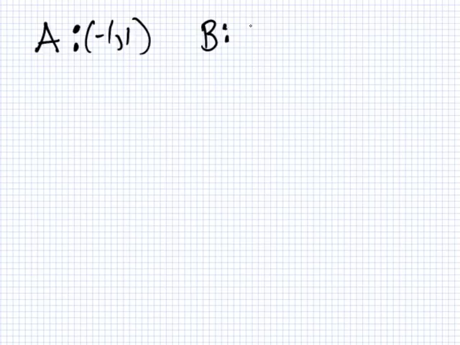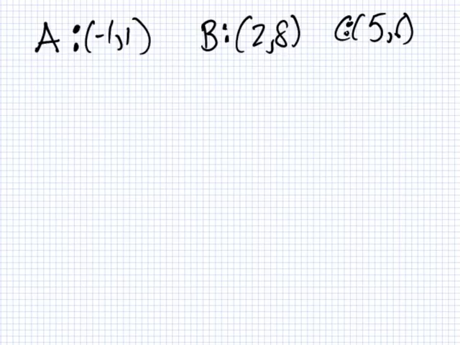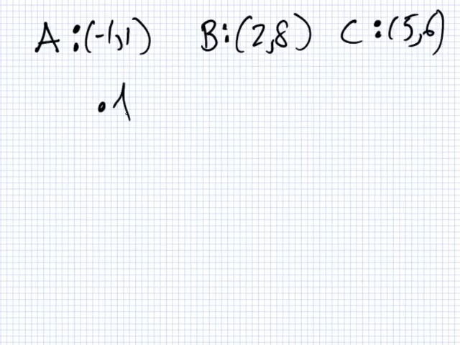B is 2, 8. C is 5, 6. My 5s and 6s must look terrible. Right. C is 5, 6. And we have our 3 points A, B, and C.